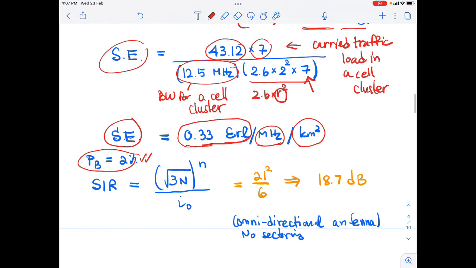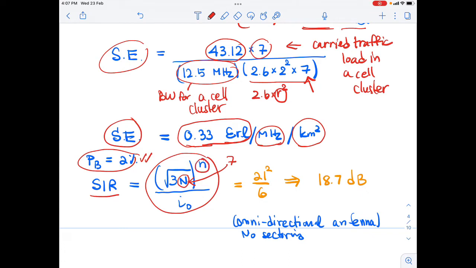We can also look at SIR, or signal power to interference power ratio. Now we are applying the frequency reuse principle, and we can find SIR using this formula. It's the square root of 3N, raised to the power of n, divided by I0. Remember, this capital N is the frequency reuse factor, which in this example is equal to 7.